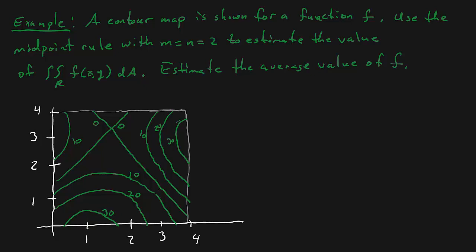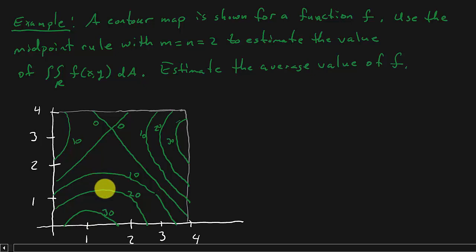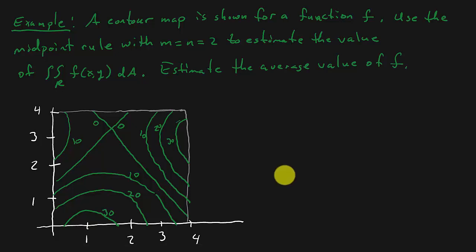I'm not going to get the same answer that they get in the book. So if you recognize this picture and you say your answer is different than the one in the book, yeah, it probably is going to be, because my lines aren't exactly where the lines are in the book. So the values I'm approximating are going to be a little bit different.